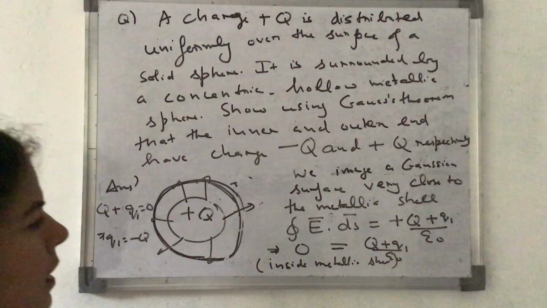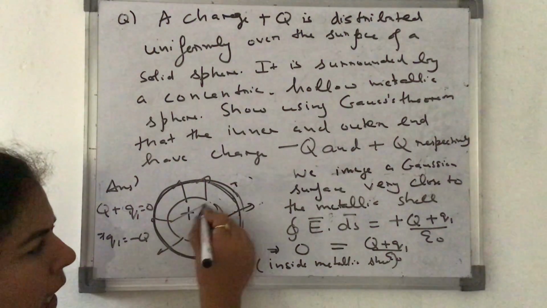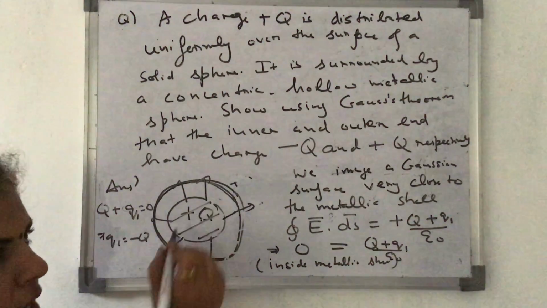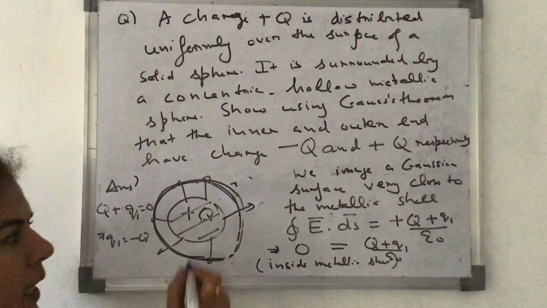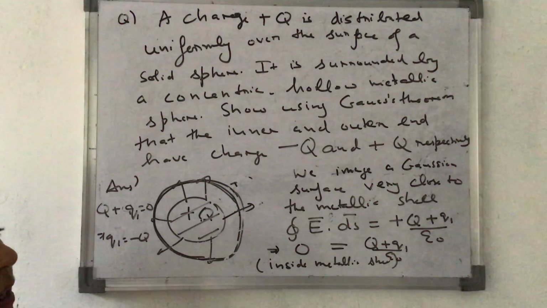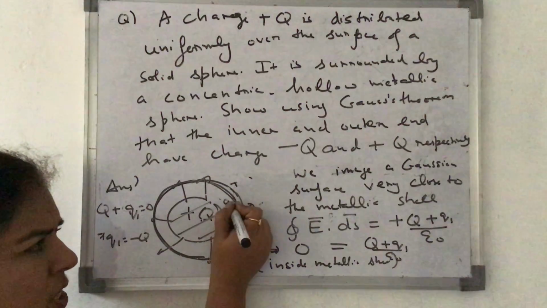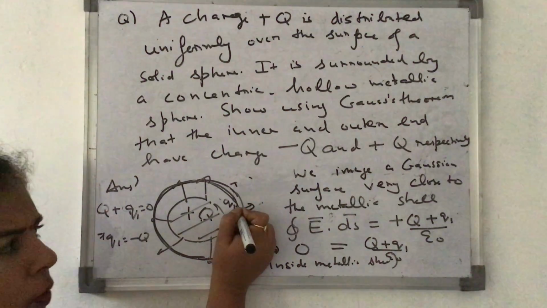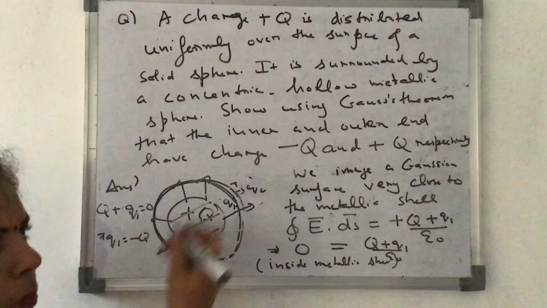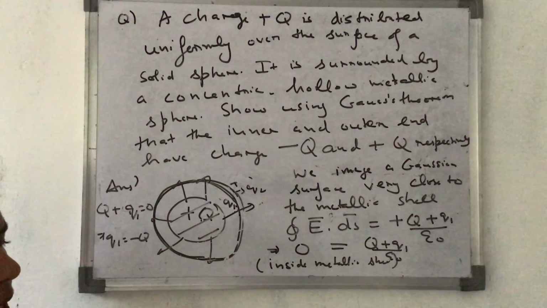I repeat this thing. We have imagined that we have a solid sphere which is uniformly charged plus Q over here. And then we have taken a shell outside it. It is a metallic shell. And I have to prove that just inside, it is Q1 which is equal to minus Q, and just outside I have Q2 which is equal to plus Q. So this thing I'm using.